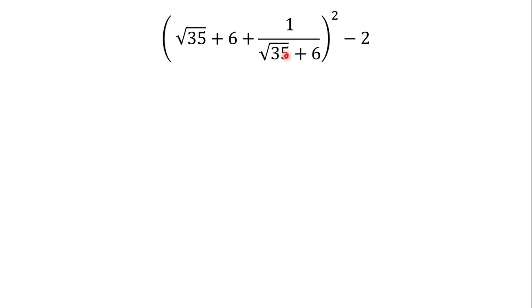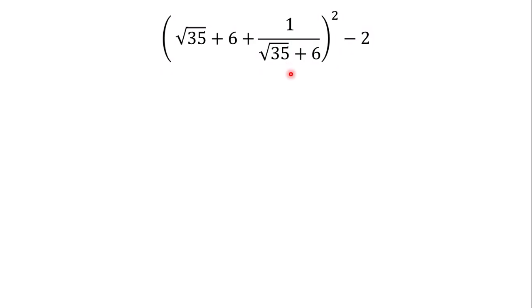Not just rationalization, but conjugate rationalization. To conjugate rationalize simply means we are going to take away this one by multiplying both top and bottom by its conjugate. So the conjugate of square root of 35 plus 6 is square root of 35 minus 6.